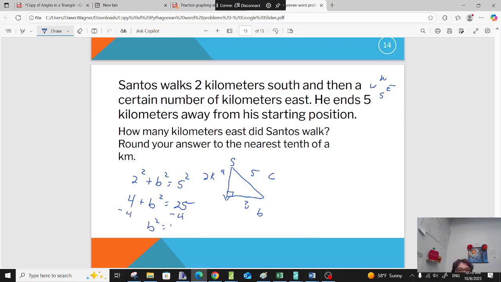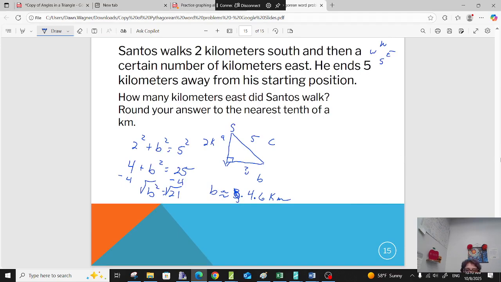B squared equals 21. Take the square root. So what's B equal to? 4.6. And that is what? Kilometers. So this would be 4.6 right here. That's it. I gave you some samples.